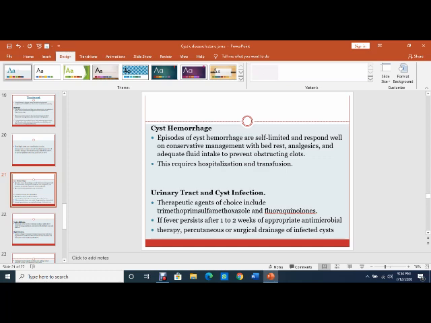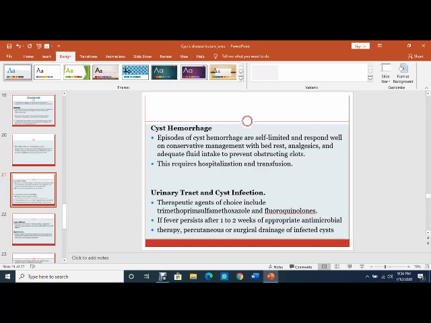UTI. We should think about which antibiotic has penetrating capacity into the cyst, because not all antibiotics are advised for the treatment of cyst infection. The common antibiotics are fluoroquinolone, trimethoprim, and sulfamethoxazole, the drugs of choice for both.